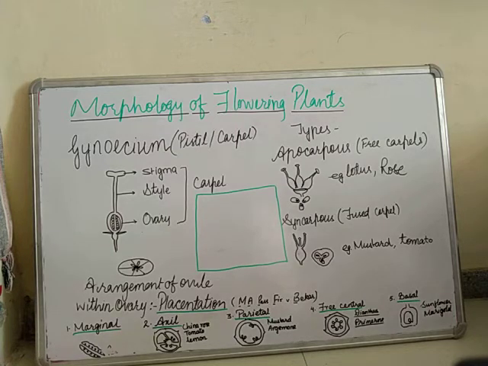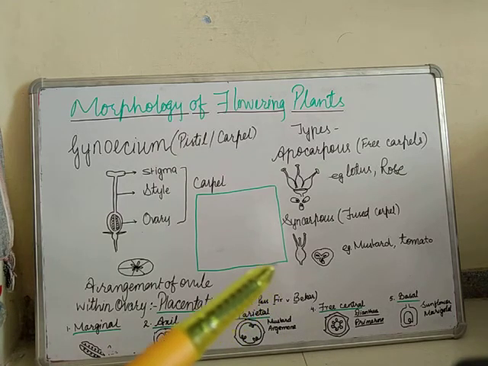When the ovules are borne on the central axis and septa are absent, such a placentation is called free central. You can see it in dianthus, the ovules are present in the center and septa are not present. Such an arrangement of the ovules in the ovary is called free central.